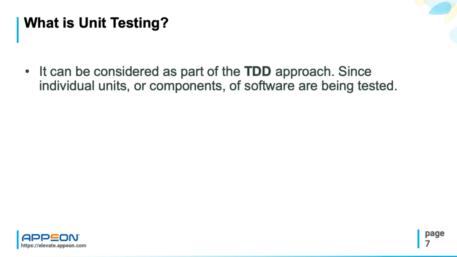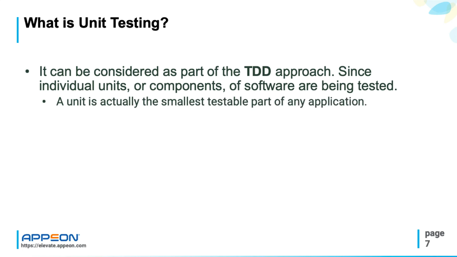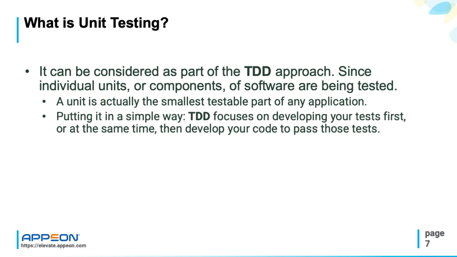So unit testing can be considered as part of the test-driven development approach, since individual units or components of software are being tested. A unit is actually the smallest testable part of any application. Putting it in a simple way, test-driven development focuses on developing your test first or at the same time.